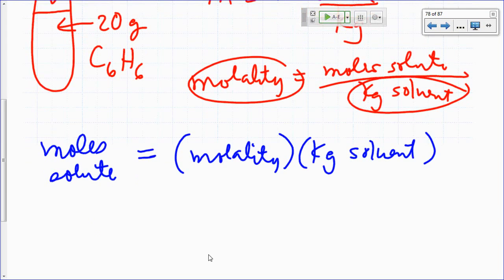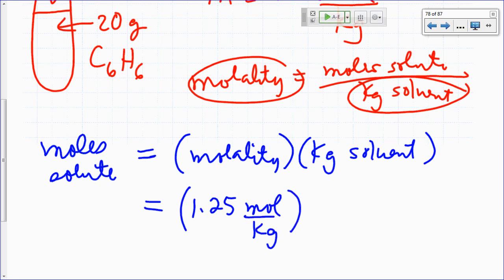And what's our molality? 1.25 moles per kilogram. How many kilograms of solvent do we have?